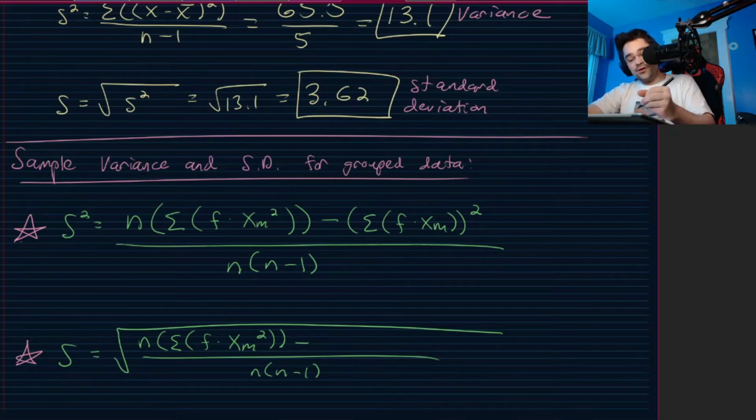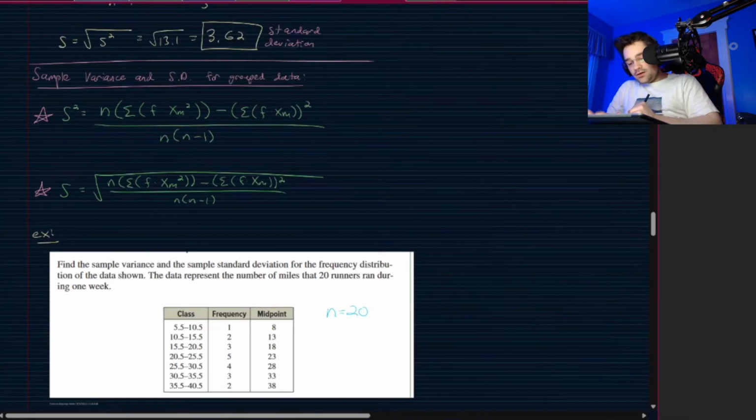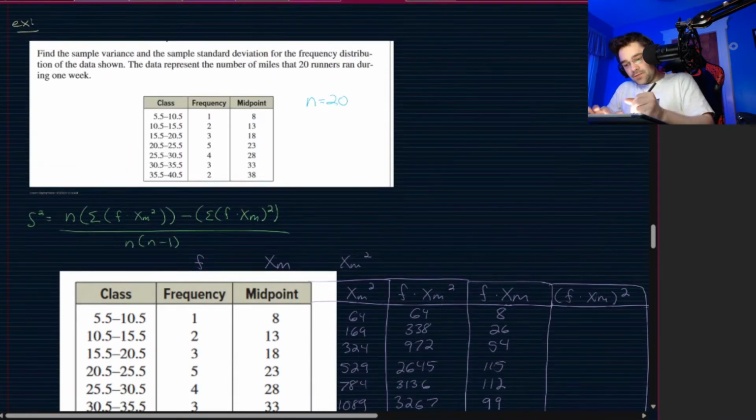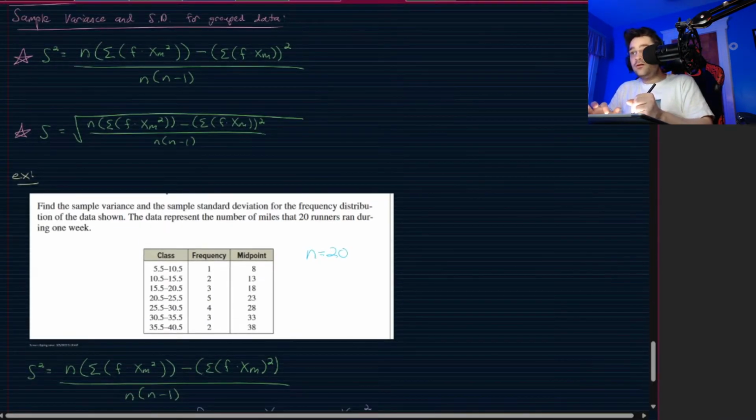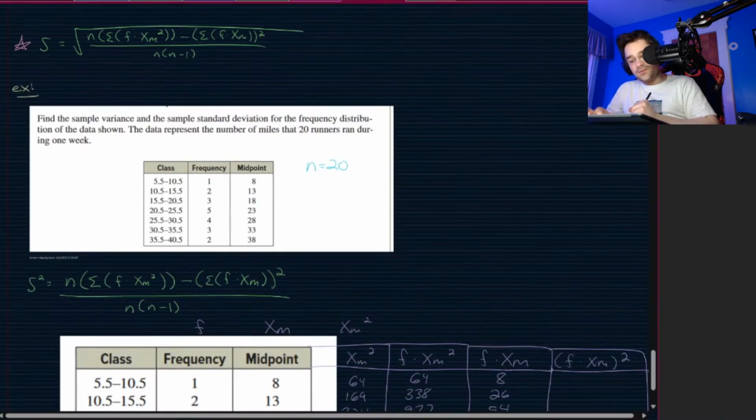Please make sure to correct that. Really sorry about that. Okay, and so this one's parentheses, sum of f times xm, and then squared. Very sorry about that, guys. So this one's wrong here as well. That's all I had wrong, is I put the 2 in the wrong spot. Sorry about that.